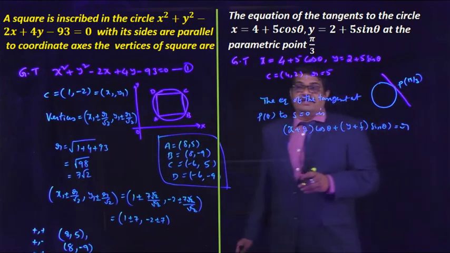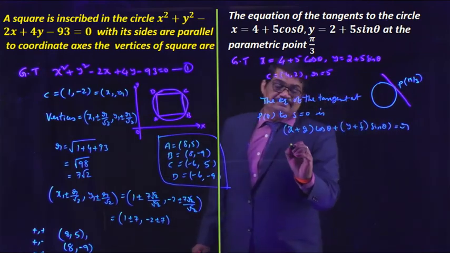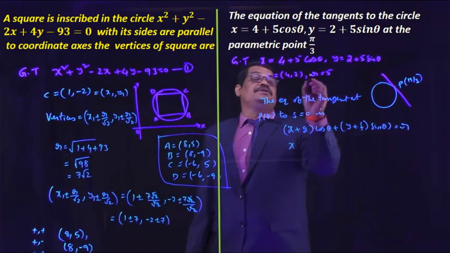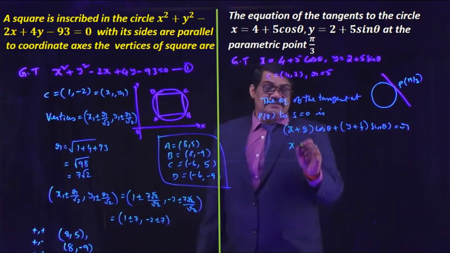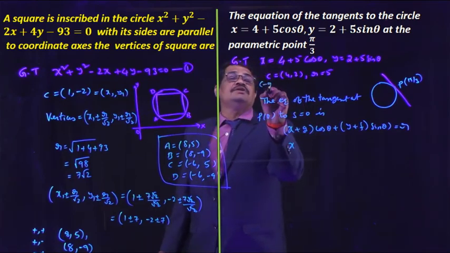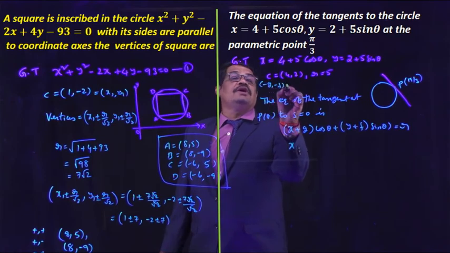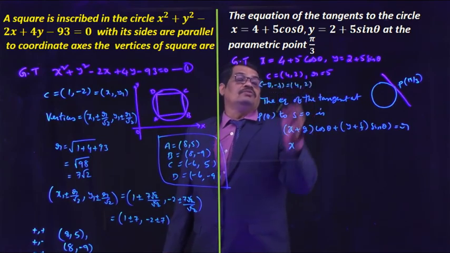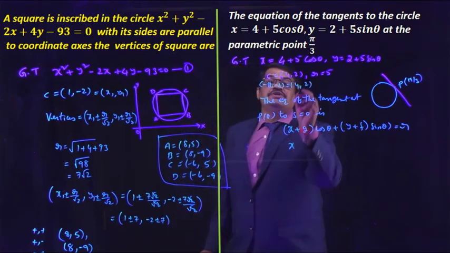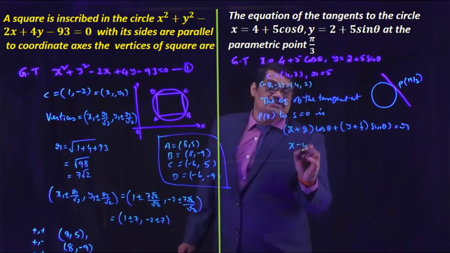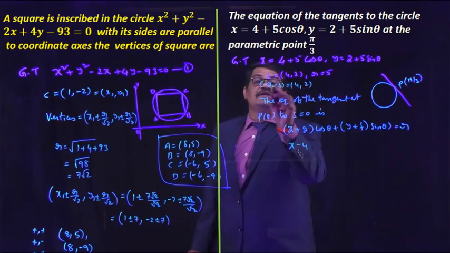So now we are writing here x plus g. What is g? Center is minus g, minus f, that is 4 comma 2. So g is equal to minus 4, minus g is equal to 4.